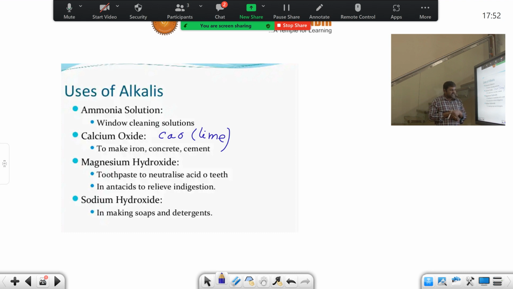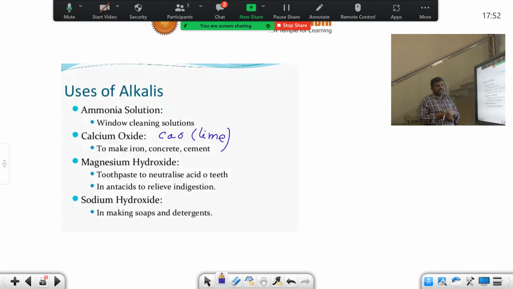Magnesium hydroxide is used in toothpaste to neutralize acid in teeth, and in antacids to relieve indigestion. Our stomach is full of more acids and we feel pain. What is the pain reliever? Antacid like milk of magnesia.